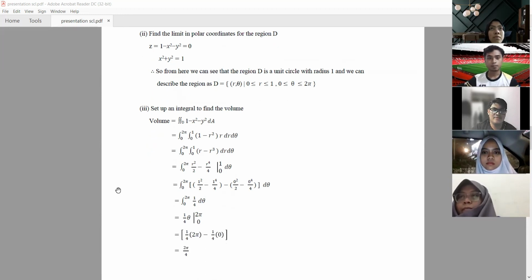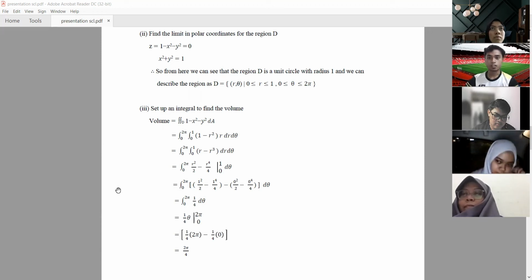So in the third step, we set up a double integral to find the volume. Here is the formula: the integral of 1 minus x squared minus y squared dA, and then we expand the formula and we get 1 minus r squared, which we already converted in the first step. Then we just need to do a normal integration.